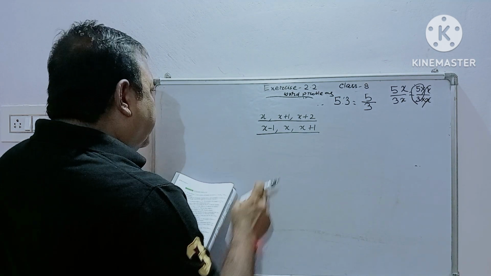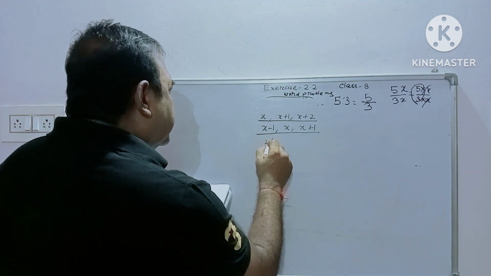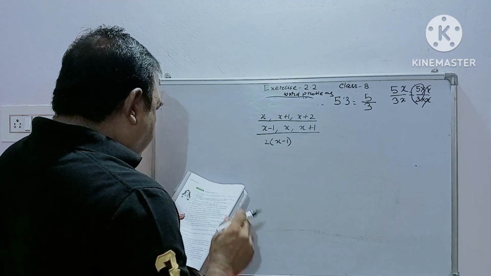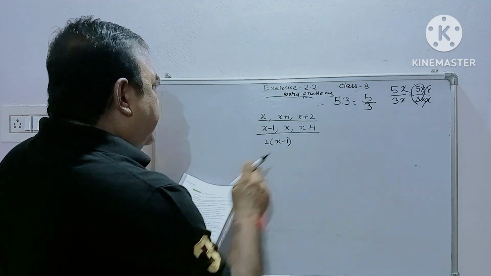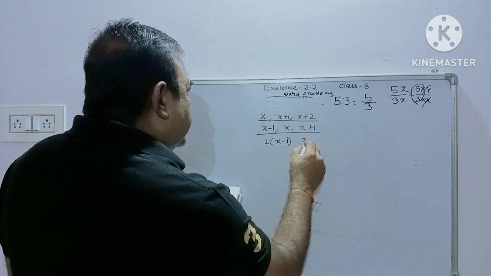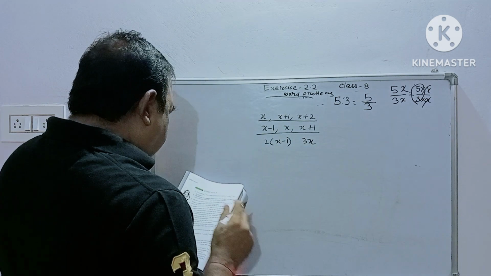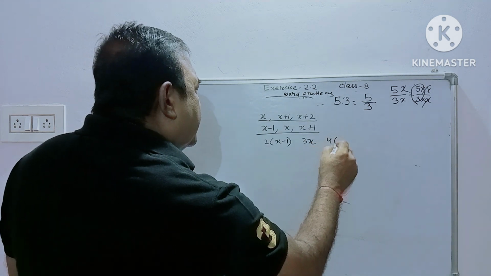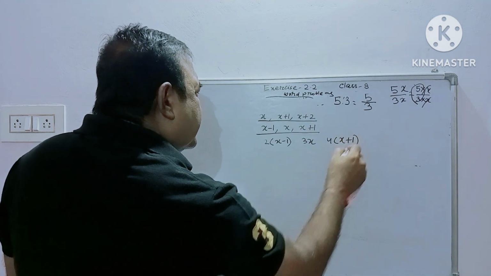So 2 times x minus 1, that is 2 into x minus 1, and 3 times x, that will be 3x, and 4 times x plus 1, that will be 4 whole into x plus 1.